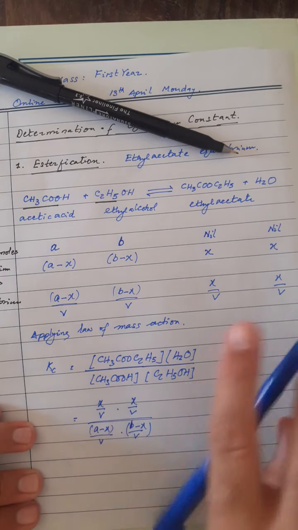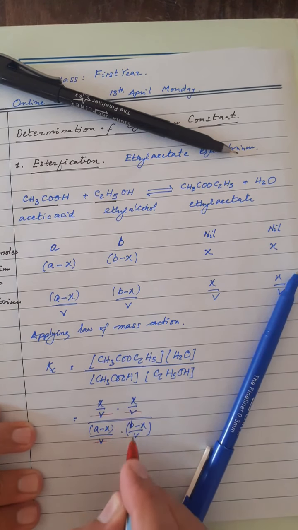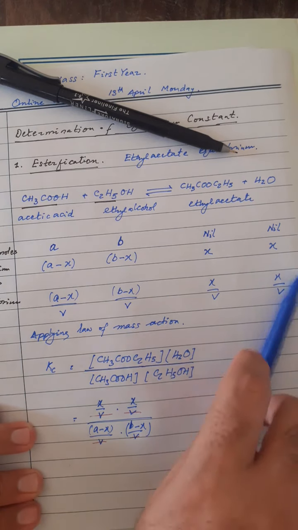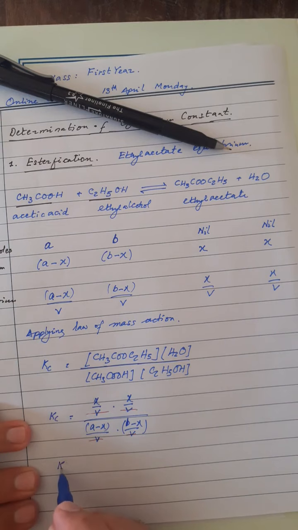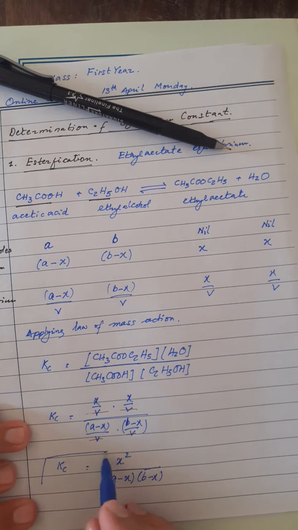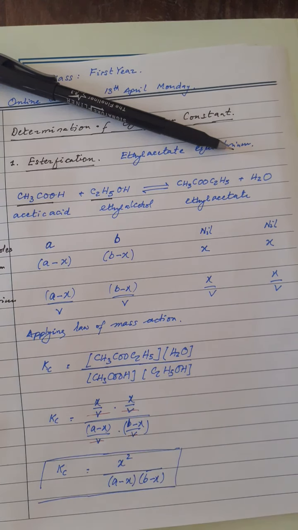These V's basically cancel each other because they are equimolar and all taken in the same volumes, and we will end up with Kc equal to X into X, X square, divided by A minus X and B minus X. Now this is the formula for calculating the Kc of this reaction.